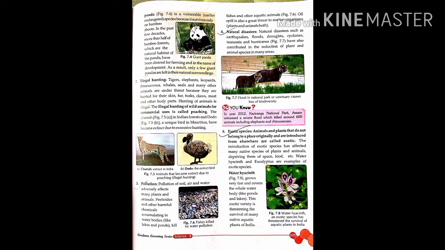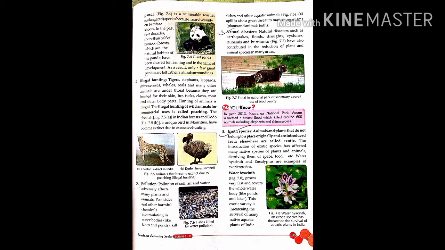Okay, now natural disasters. Natural disasters like earthquakes, floods, drought, cyclones, tsunamis, and hurricanes have also contributed to the reduction of plant and animal species. When so many natural calamities come, so many wildlife and forests get harmed.